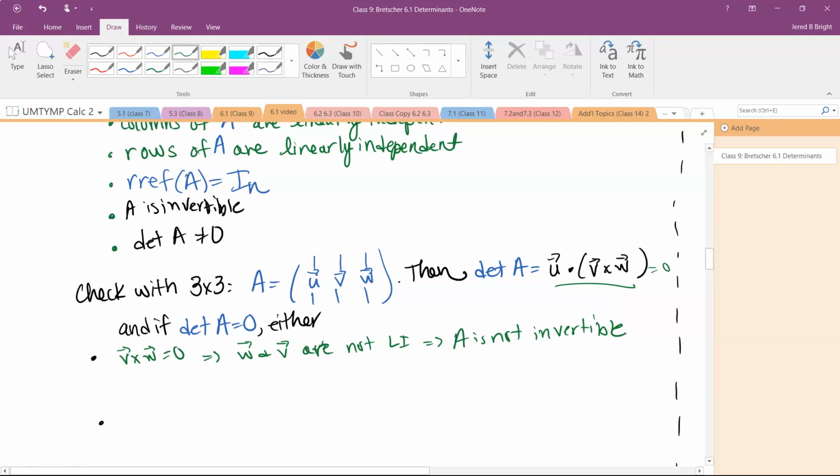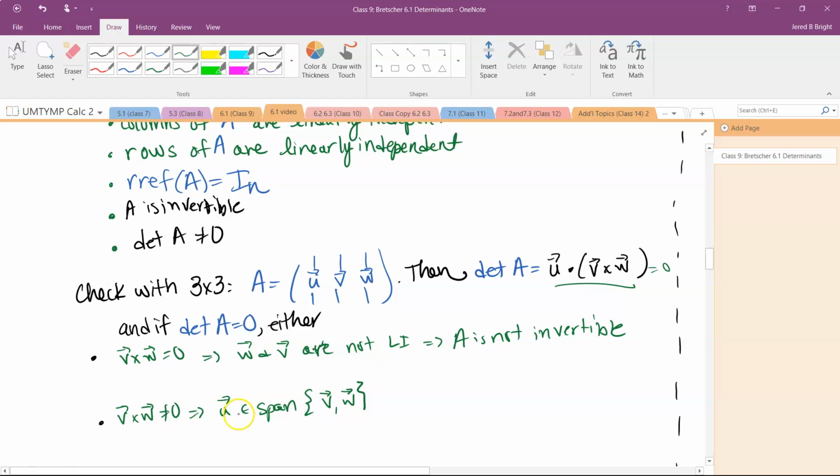And if V cross W is not 0, but we still need to get 0 somehow, then that means that U is in the span of V and W. Why? Because then the dot product would be 0.